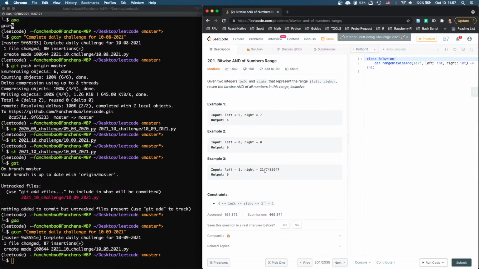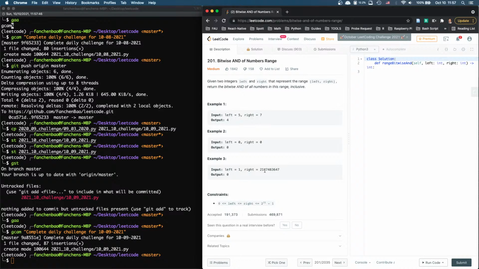So all we care about is the numbers with the lowest number of bits, which means whatever the left side is, I need to know the number of bits on the left side.